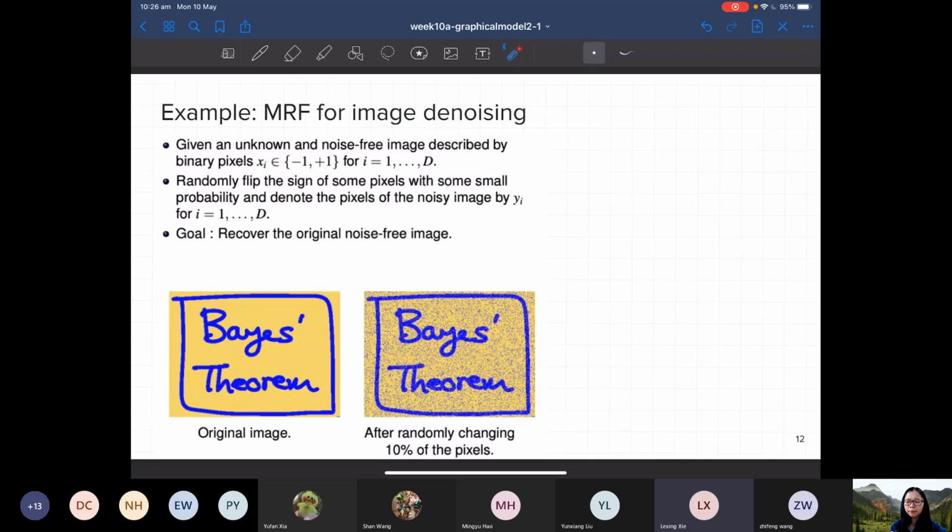In this particular problem, we are going to assume that the model is known, and we're not going to learn anything. We're just going to do inference by trying to guess what the cleaner image is. So here is the picture with 10% of the pixels flipped. As you can see, it's quite messy.